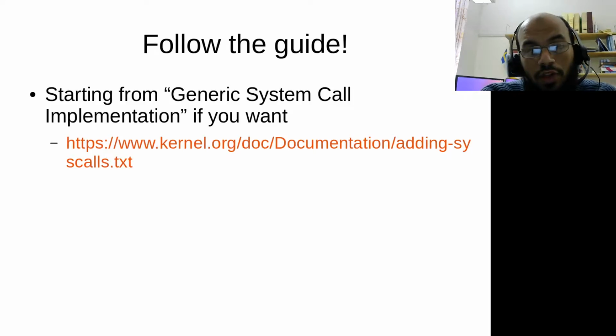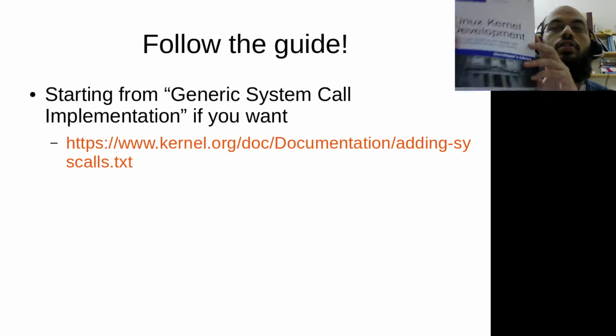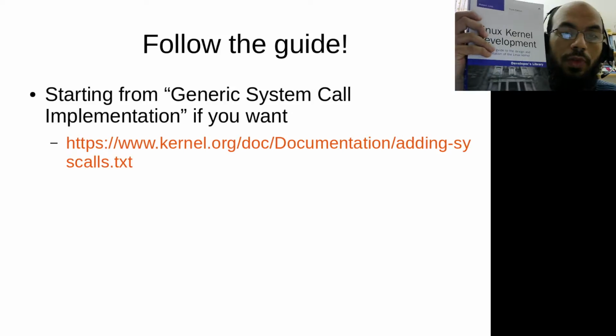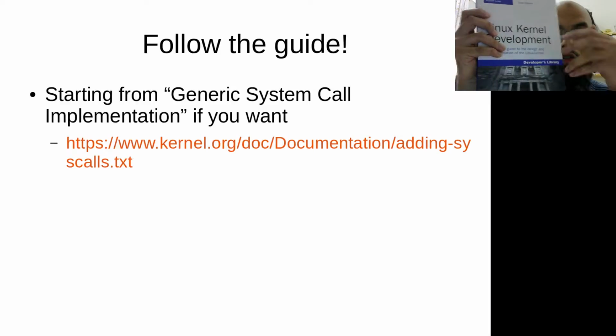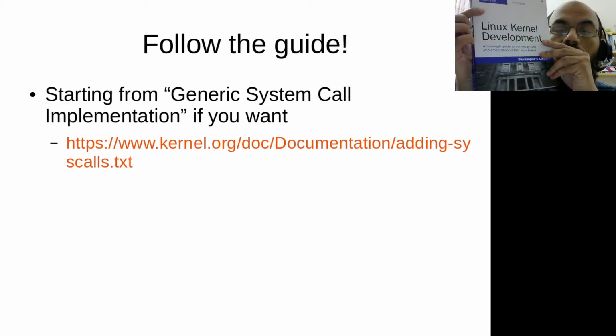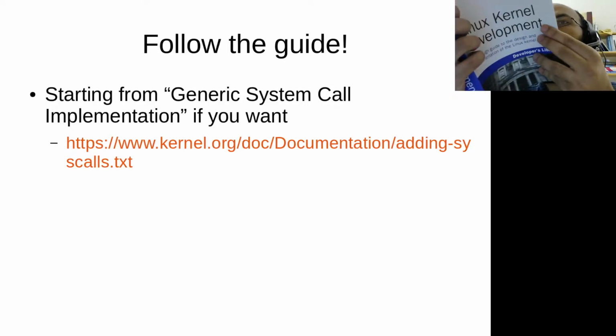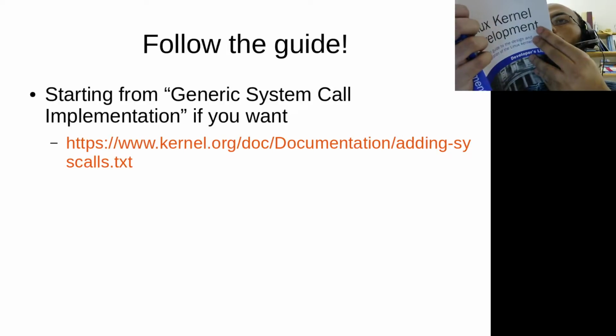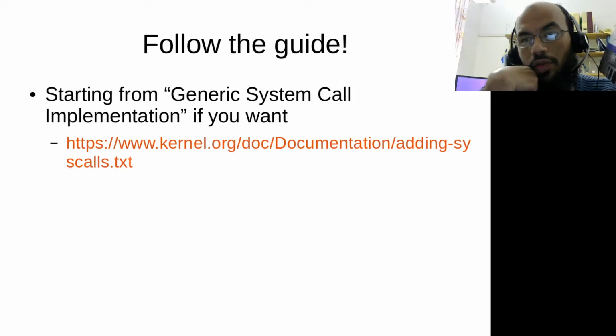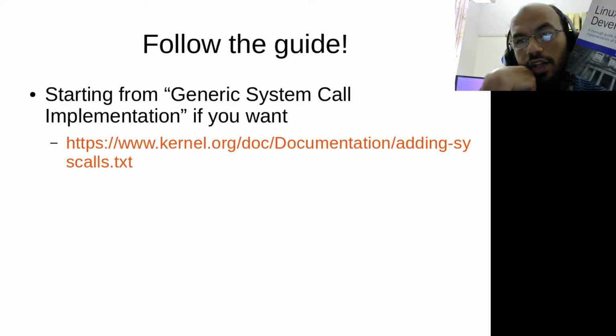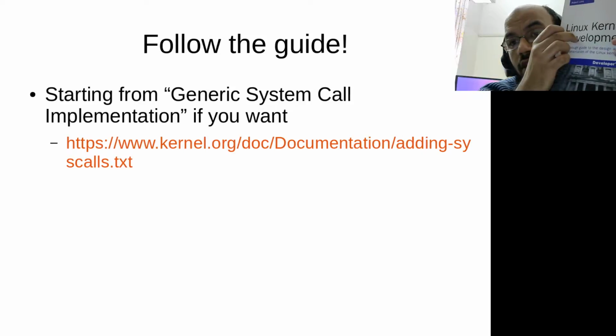Also, the book that I talked about, the Linux kernel development book that I got you in the first lecture. There is a chapter 5, I believe, which talks about system calls. The only problem with this book is that it covers an older Linux kernel version. So if you follow the guidelines of this book, some of this is obsolete.